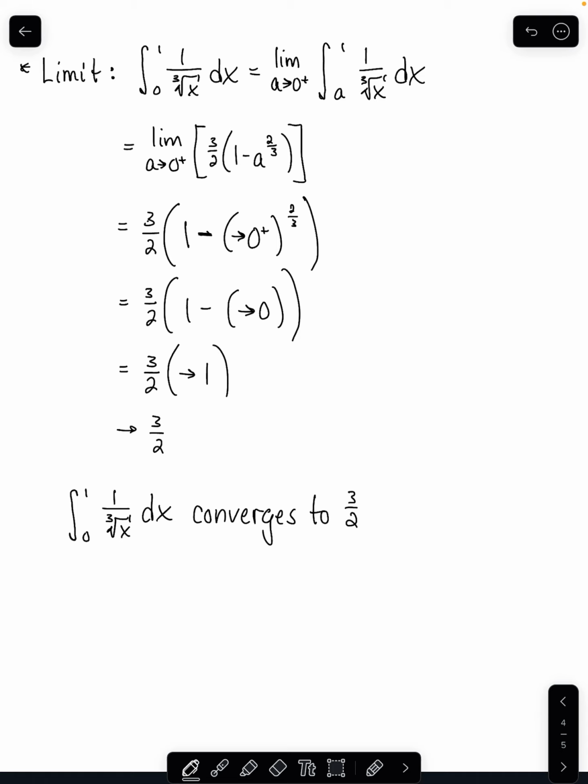However, because the region is unbounded, it never actually reaches an area of 3/2. And while by convention it is okay to say that it equals 3/2, for things that we will see later in this course, it is more appropriate to say that it converges to 3/2 than to say that it is equal to 3/2.